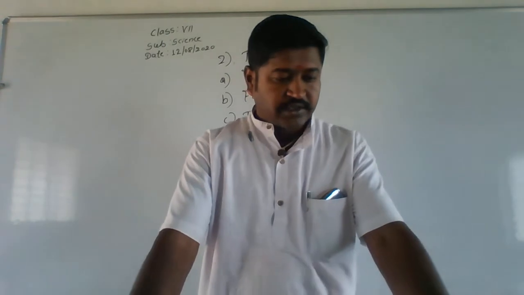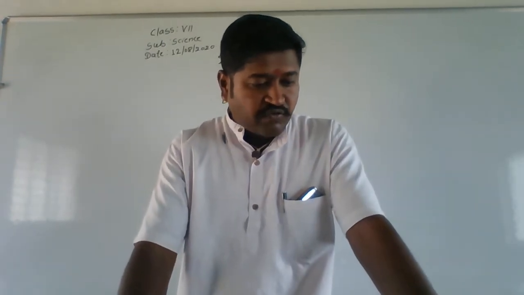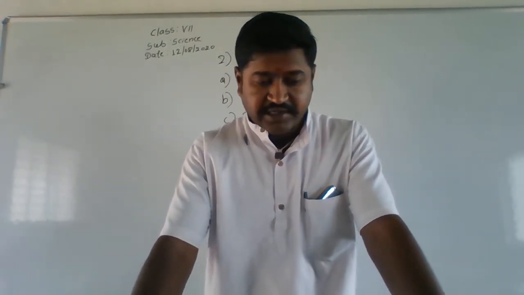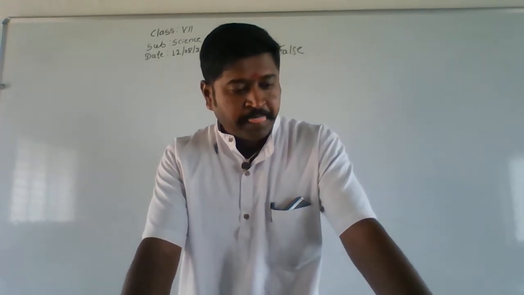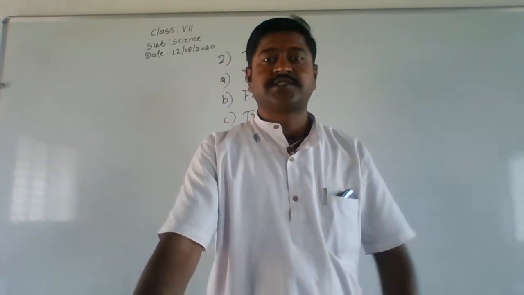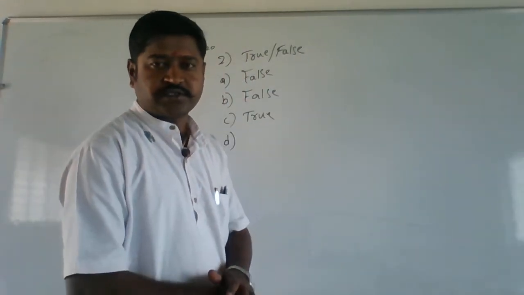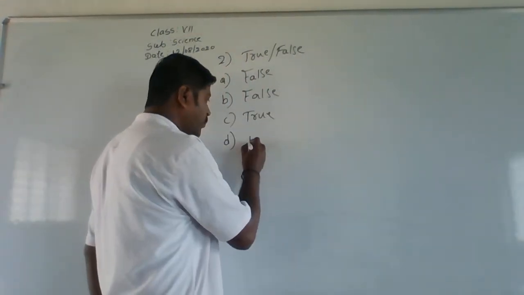Then what is next? D. Extra food present in the plant gets stored as starch. So extra food present in the plant gets stored as starch. Is it true or false? Of course it is true.